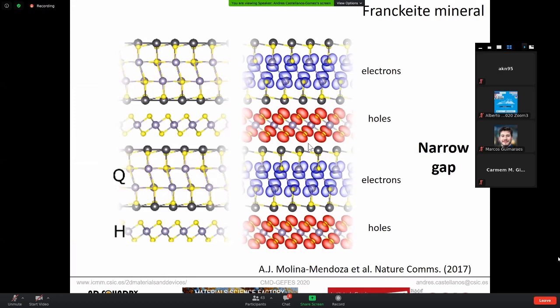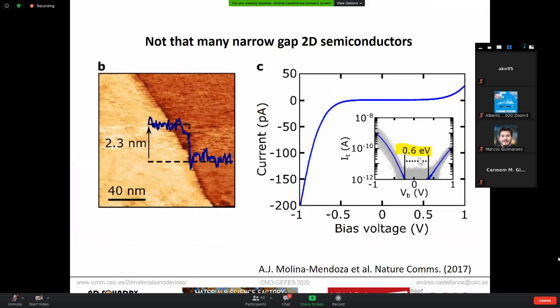And also in this case, you can see clearly how the electrons and the holes get separated in the different physical layers. Okay, the electrons prefer to stay in the tetragonal layers, and the holes prefer to stay in the hexagonal layers. We have seen in scanning spectroscopy measurements that this is indeed a quite narrow bandgap.